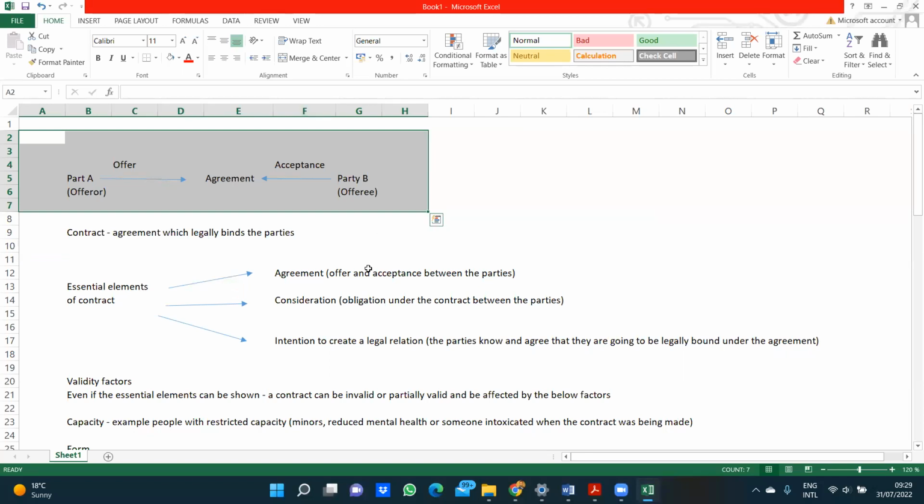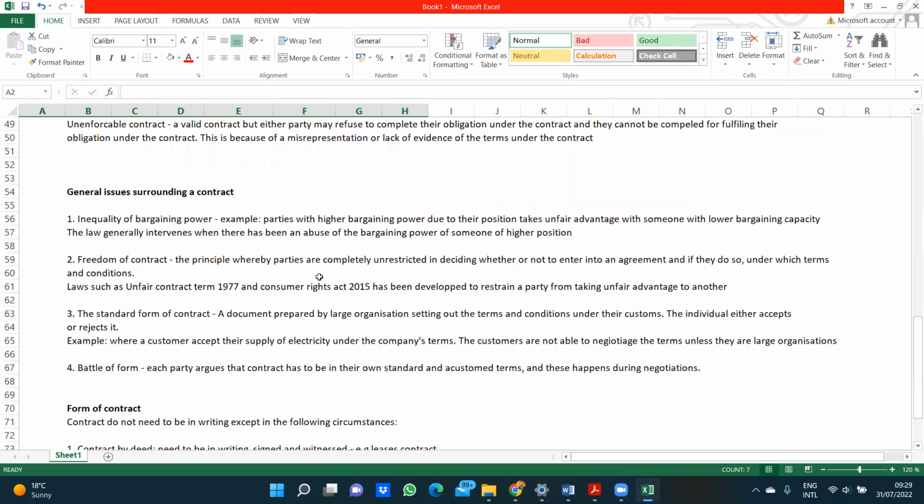And if the offeree, the one who has been offered, accepts the terms and conditions of the offer, then the agreement takes place. And if the agreement takes place, both parties are put under the contract, with its terms and conditions.